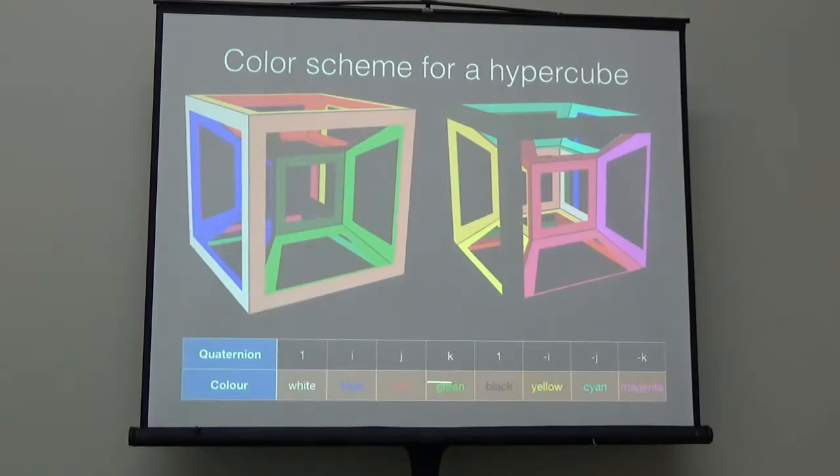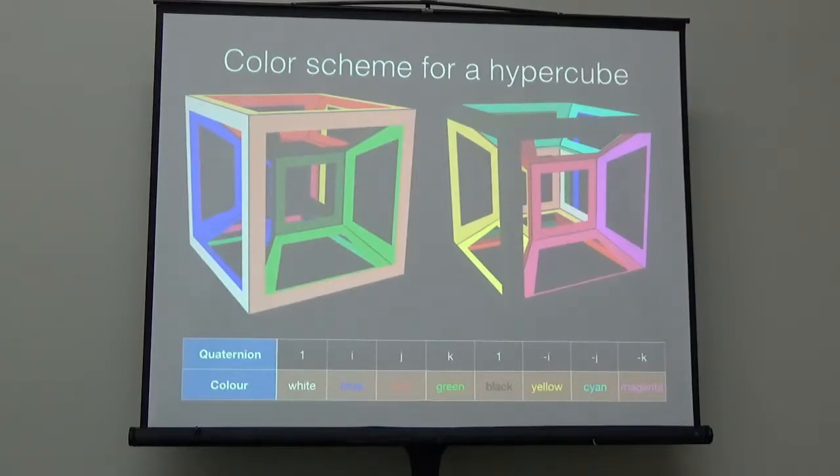And here I've made an assignment between the 8 canonical, cardinal direction unit Quaternions and 8 colors. There is actually a meaning to these, but for now, I've got these 8 different unit Quaternions, and those are the centers of the 8 cubes of the hypercube.